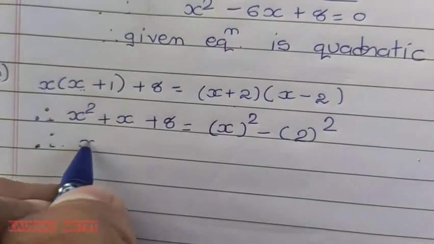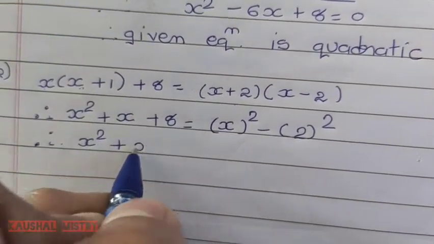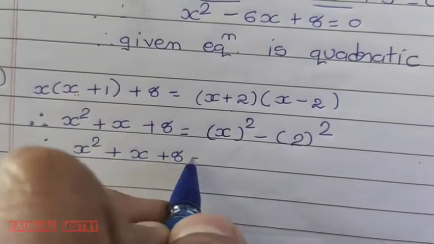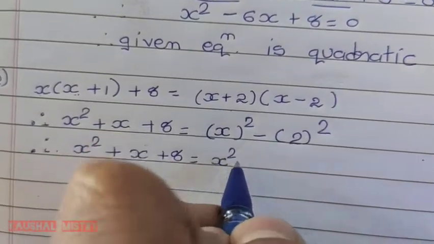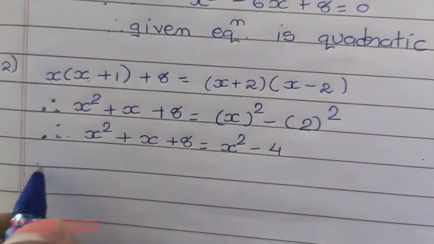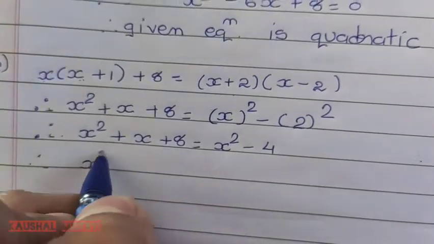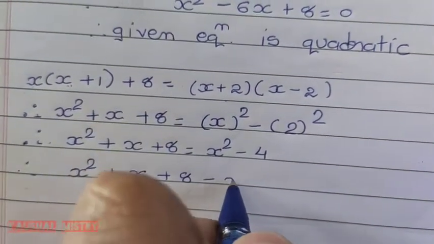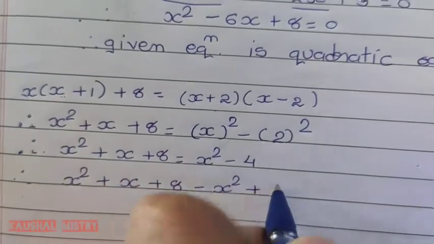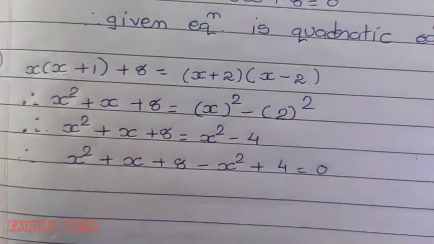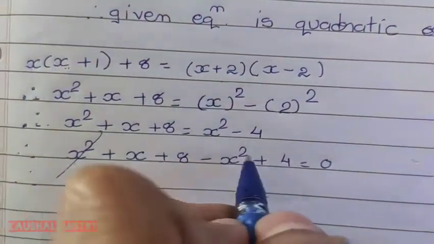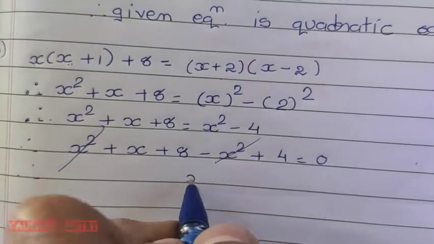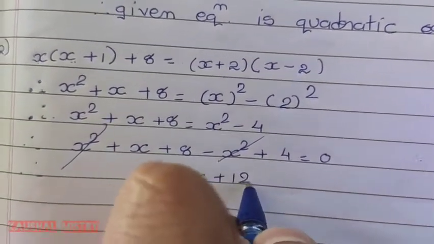That means x square plus x plus 8 is equal to x square minus 4. So we will take all the terms on one side: x plus 8 minus x square plus 4 is equal to 0. X square will get cancelled, x plus 12 is equal to 0.